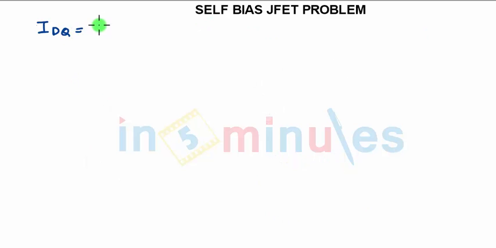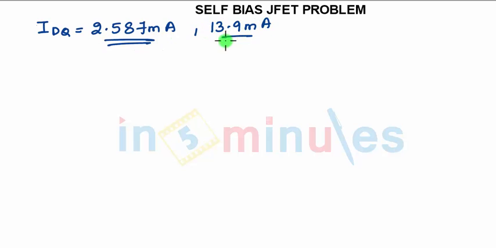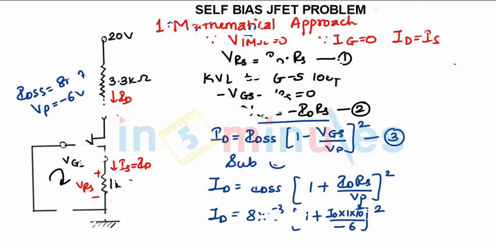You will get 2.587 milliampere and 13.9 milliampere. Now which to select? From the characteristics, if you know, VDS value should be positive for the operation of the JFET. Whichever region, saturation, cutoff or ohmic region, we need to operate with VDS on the positive side. That is, whatever value of IDQ, we need to find VDS. So how to find VDS?